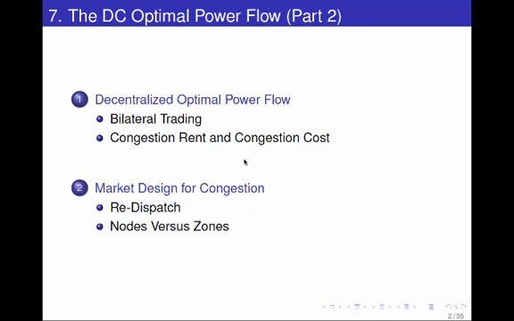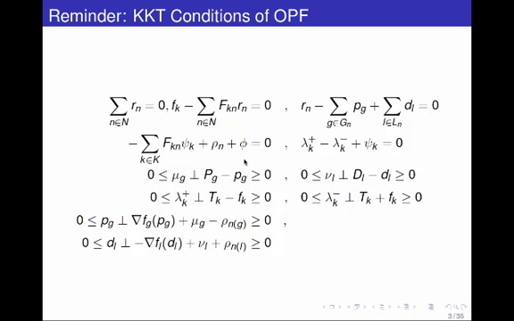But the first item on the agenda is to prove the efficiency of bilateral markets for transmission. Okay, so I'm just repeating the KKT conditions of the optimal power flow problem. We will come back to these because to prove the efficiency argument, we will want to show that the alternative market design that I'm proposing to you is going to have a bunch of KKT conditions, and I will argue that those KKT conditions will be identical to these.